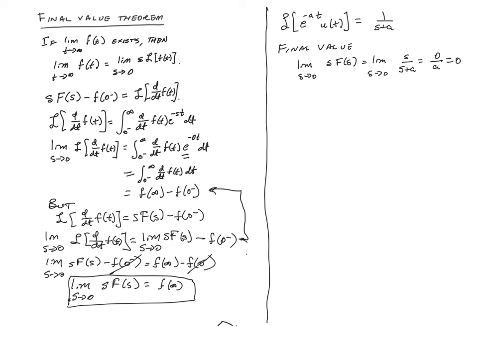Now let's take the Laplace transform of e to the at u of t. Okay, this turns out to be 1 over s minus a. So now if we look at this, what we'll see immediately is that the real limit of e to the at u of t as t goes to infinity is equal to infinity.